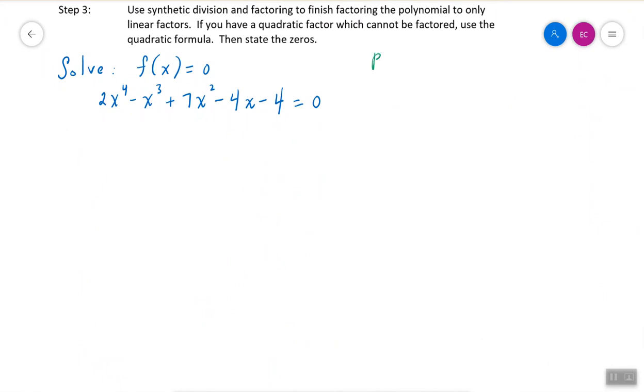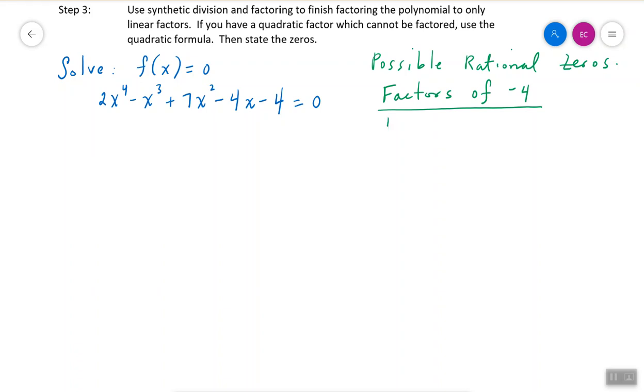The possible rational zeros would be factors of the constant, which is -4, in the numerator, and factors of the leading coefficient in the denominator. The leading coefficient is this 2 up here.